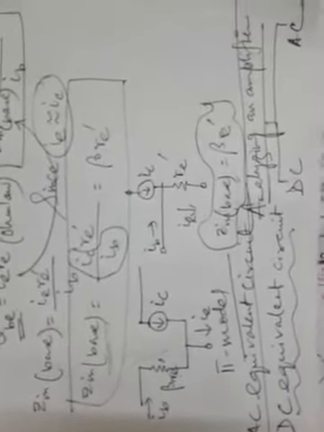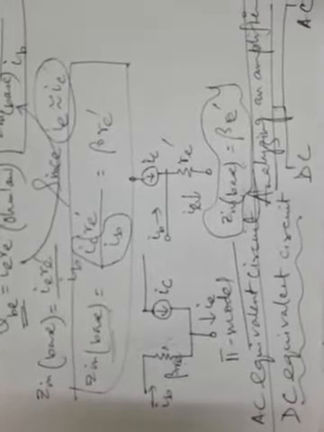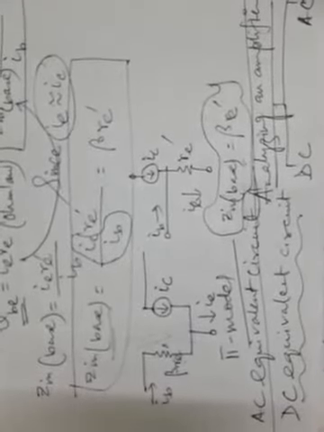The most important current in DC analysis is the DC emitter current, and that will be needed to calculate the RE dashed, that means the AC emitter resistance for AC analysis. So what I have just told you, the most important current in DC analysis is the DC emitter current, that means IE.